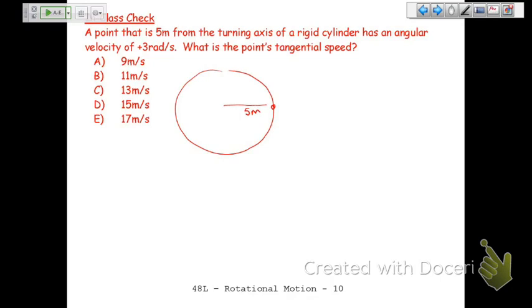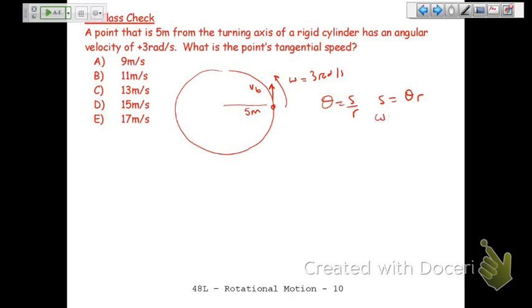A point that is 5 meters from the turning axis on a rigid cylinder has an angular velocity omega equals 3 radians per second. What's its tangential speed? What is its Vt? Oh, theta equals S over R, so S is equal to theta R. Oh, I remember.